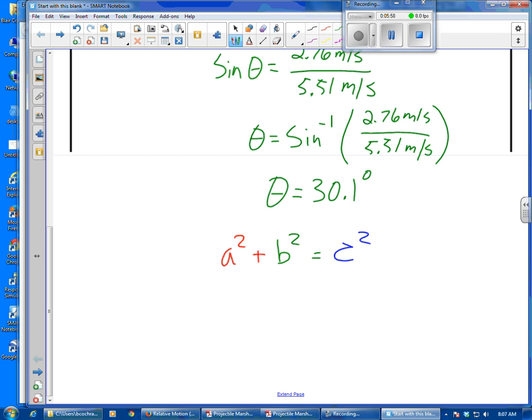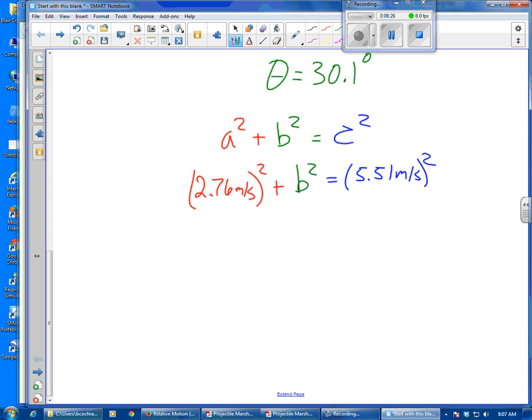I have a and c, so I'll rearrange to get b. Well, let's just plug in. I have 2.76 meters per second quantity squared plus b squared equals 5.51 meters per second quantity squared.